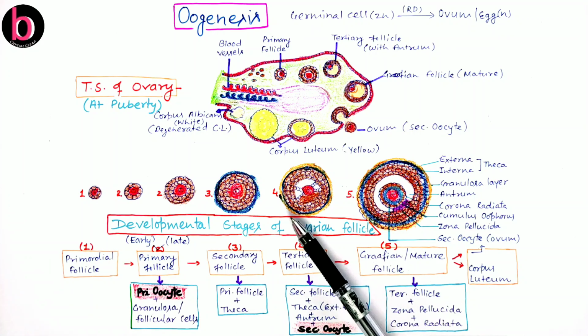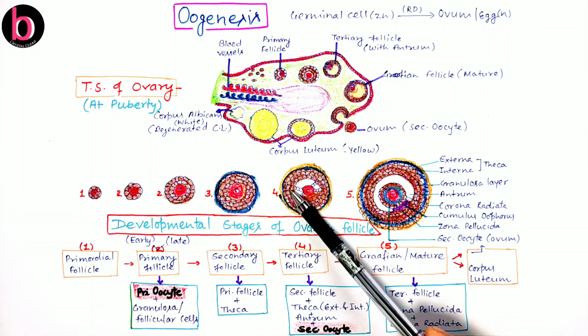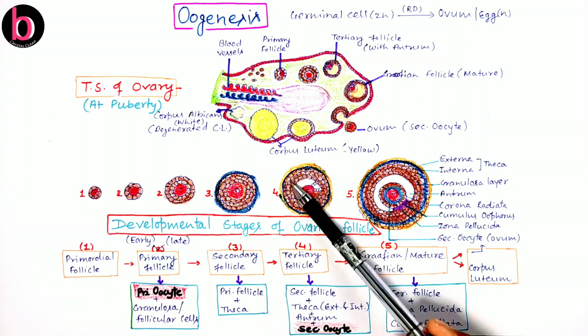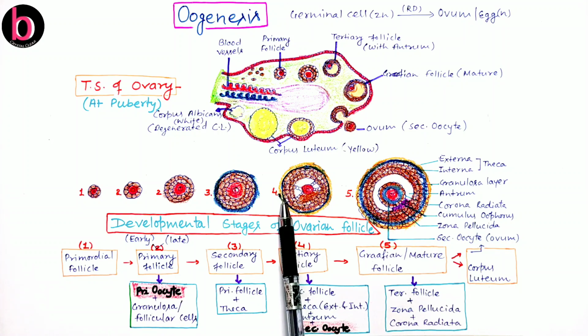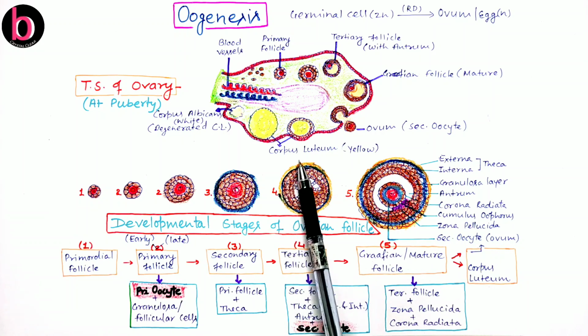In this diagram, after the granulosa layer or follicular cells, you can see the middle layer is the theca interna, while the outermost layer is the theca externa. So in the tertiary follicle the theca is differentiated into two, externa and interna.